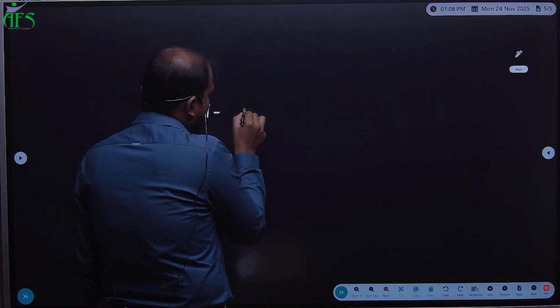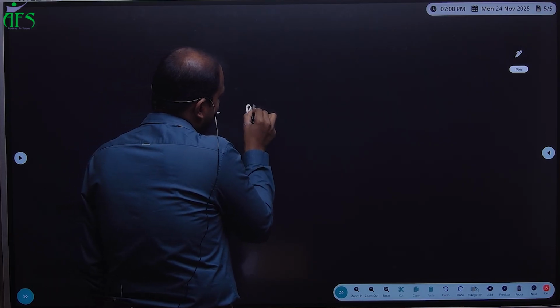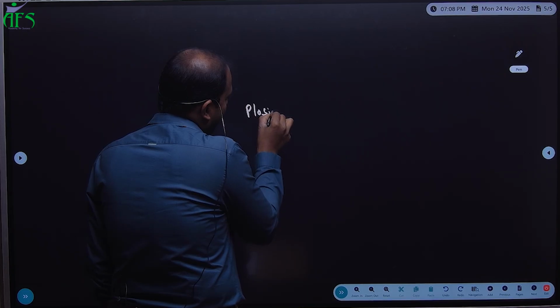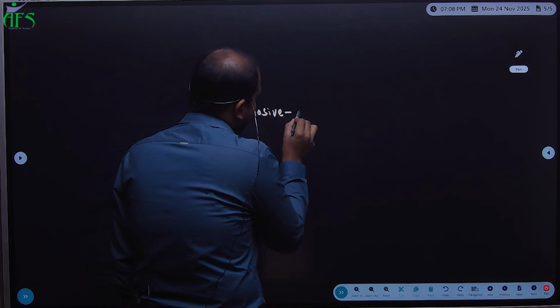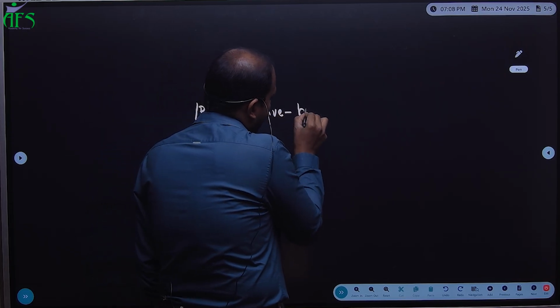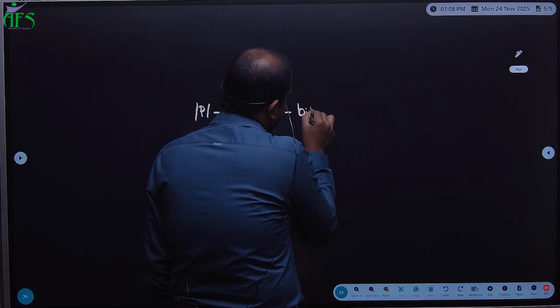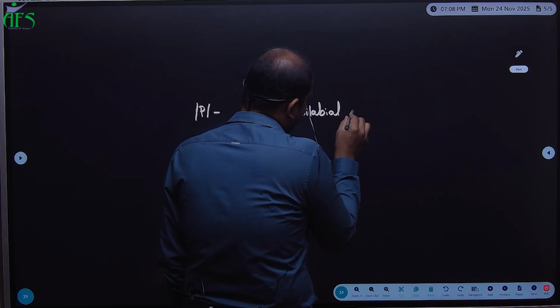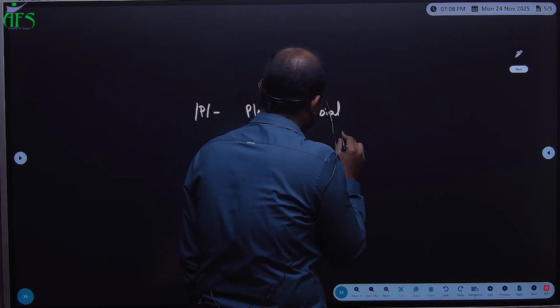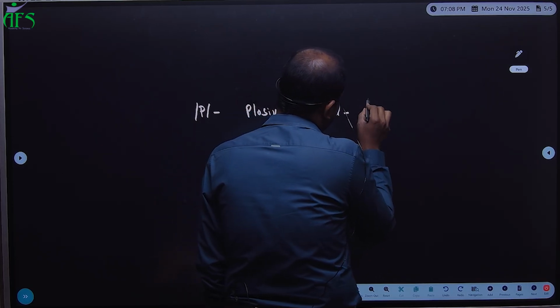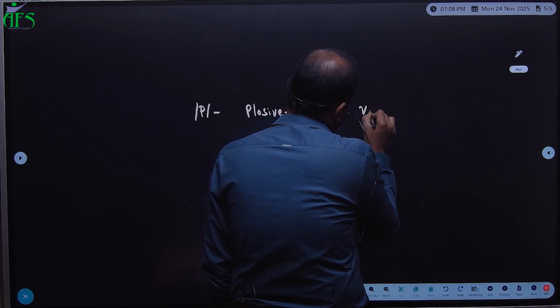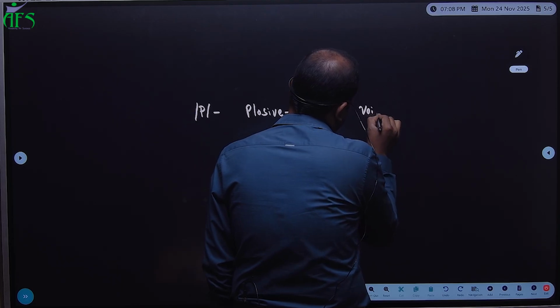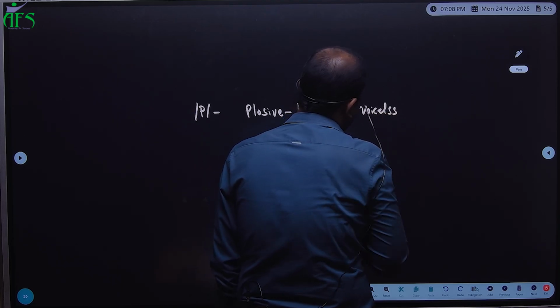Sound p is plosive, bilabial, voiceless.